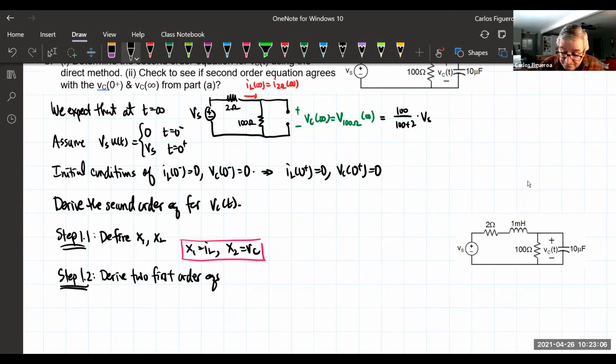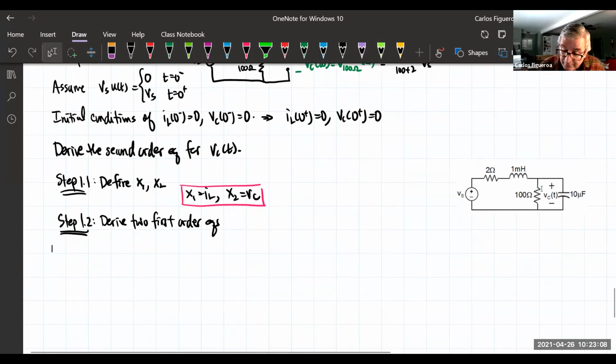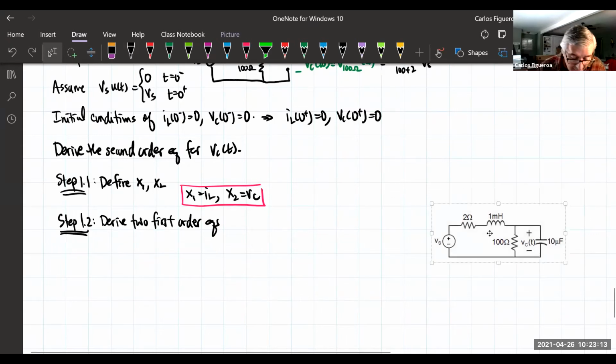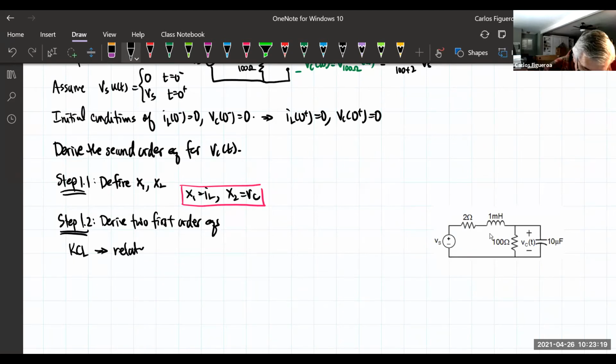So I'm going to look at my circuit here. That means I'm going to use KCL. And what am I going to do? I have to relate IL and IC. And then I need to use KVL to relate VL and VC. So let's start with the first one.